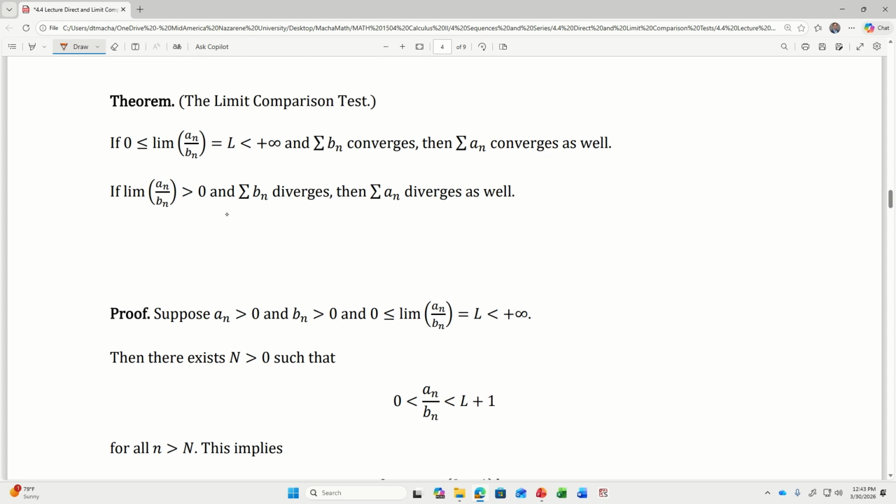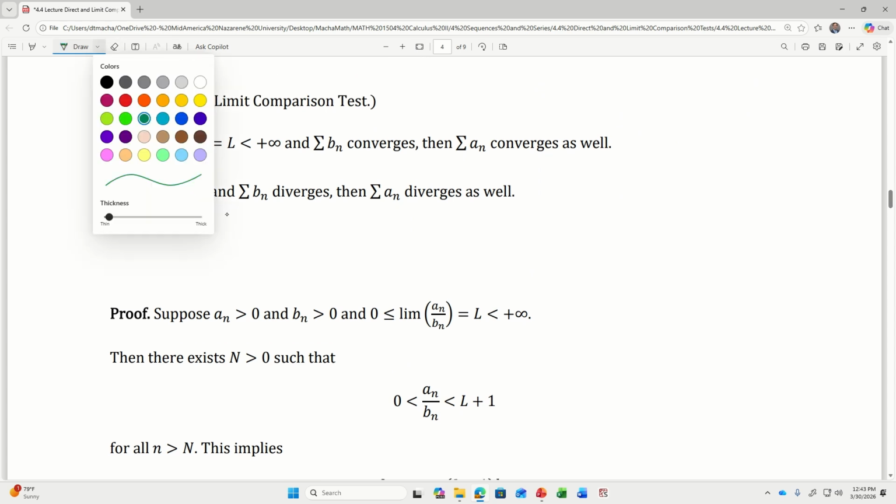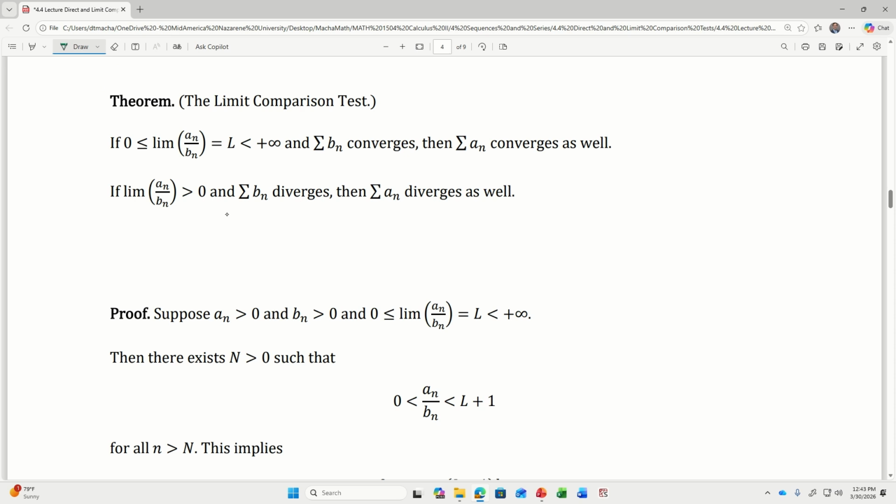So when the direct comparison test doesn't work, one of the options you have is the limit comparison test. This is a little bit more difficult to understand, but the idea is, number one, you calculate a limit as n approaches infinity of the ratio of an to bn.